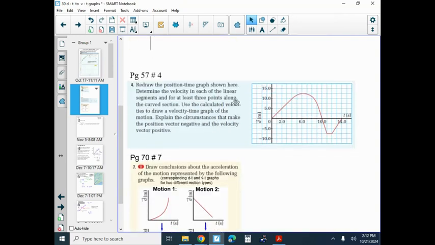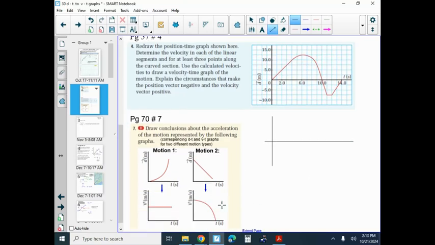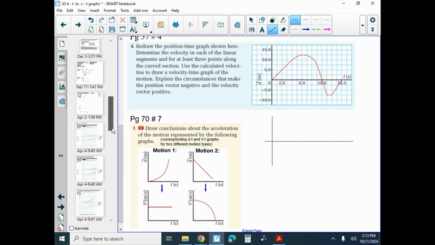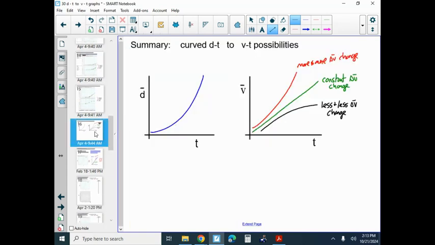And this one here, redraw it and do a VT graph of that one. I'll put room underneath this to do it yourself, but I'll just show it here, and make a scale. And then for these ones, it says draw conclusions about the acceleration of the motion represented. This is related to this classic kind of three possible results situation.